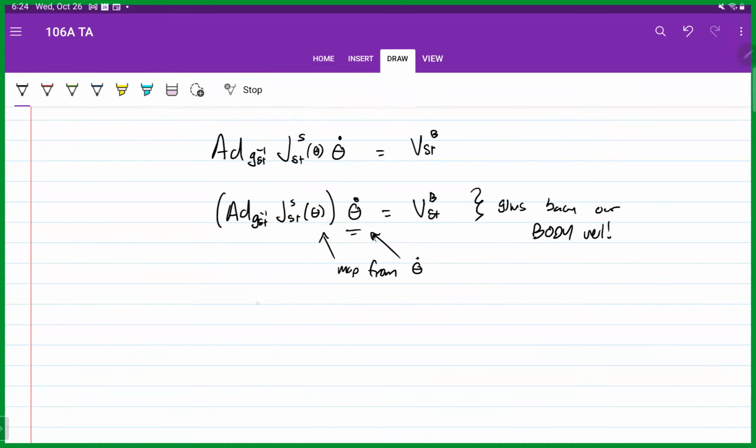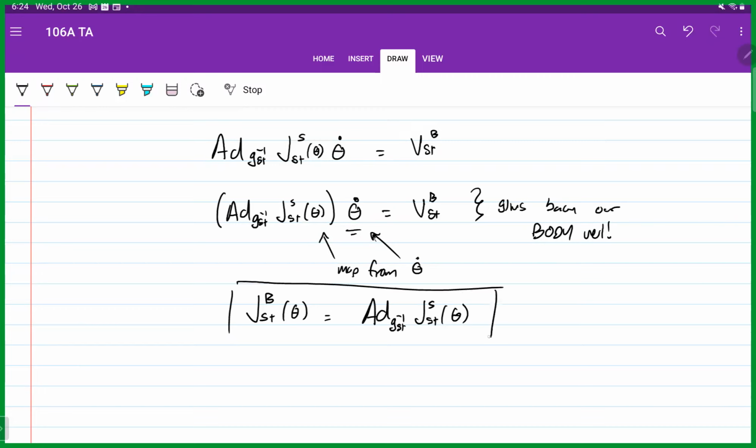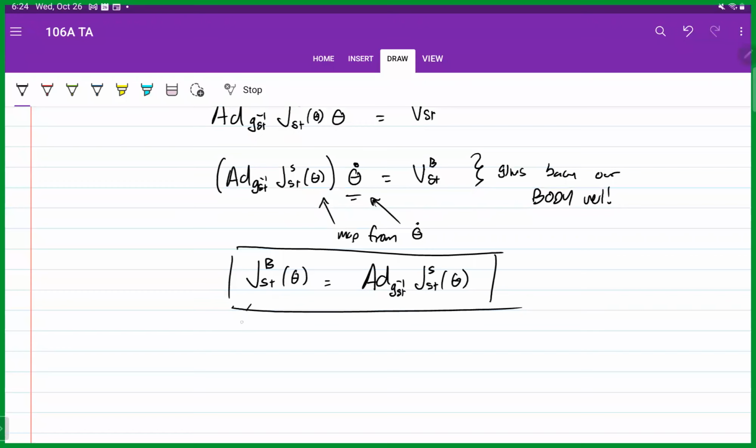So we define our body Jacobian, J_st body, still a function of theta, still depending on our position in space, which is just equal to the adjoint of g_st inverse times J_st spatial of theta. And just like that, using the single transformation, we can go all the way from the spatial Jacobian into our body Jacobian. So this is called the body Jacobian.